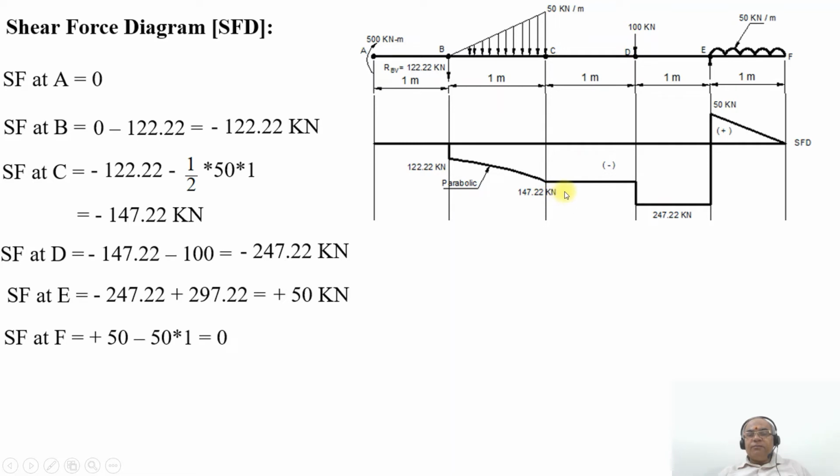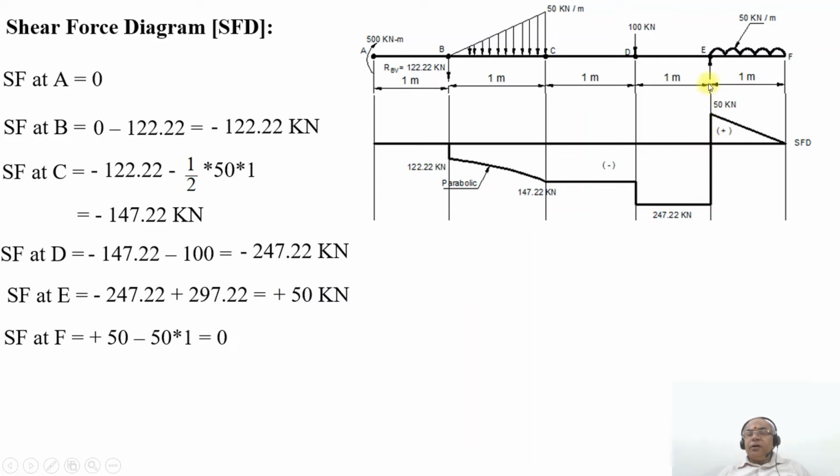At D, due to the 100 kilonewton acting downwards, it drops further from 147.22 to 247.22. Between D and E, it remains constant at minus 247.22 kilonewton. At E, as the point load is acting upwards, minus 247.22 plus 297.22 becomes plus 50 kilonewton.